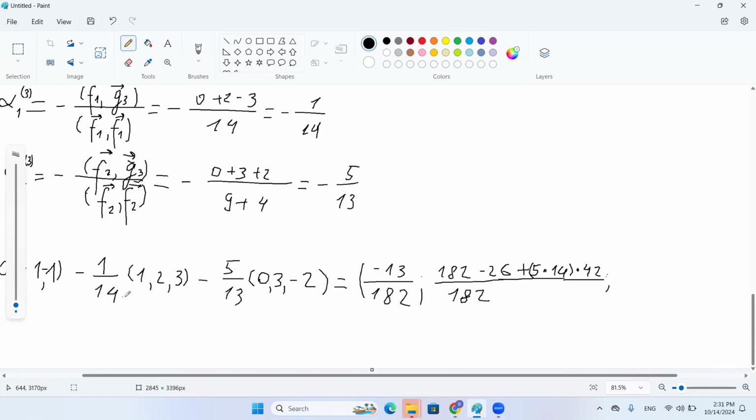Okay, and what we have here, so 182, so minus 3 by 13, minus 42. Minus, so we need to multiply 3 by 13, minus 39.